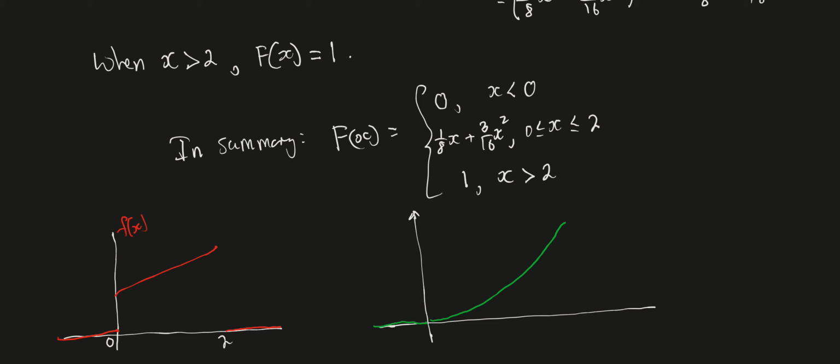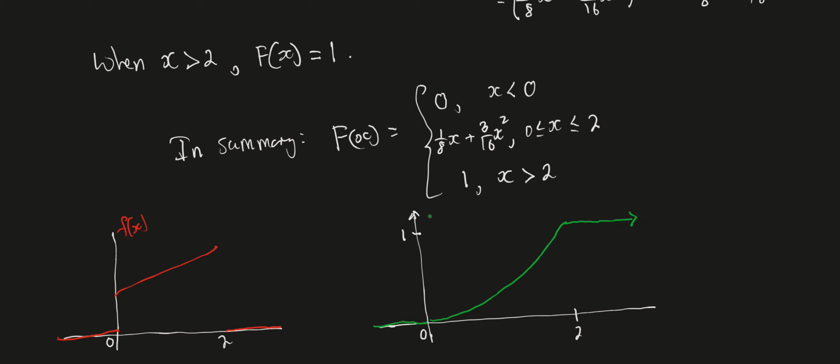I can put my 1 here on my vertical axis: as soon as we get to x equals 2, the CDF has accumulated all that probability, so it goes up to 1. And then after that, it's always 1, like that.